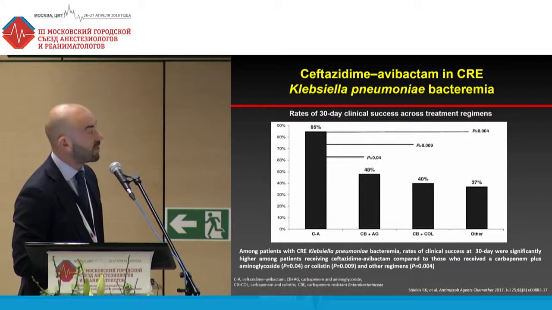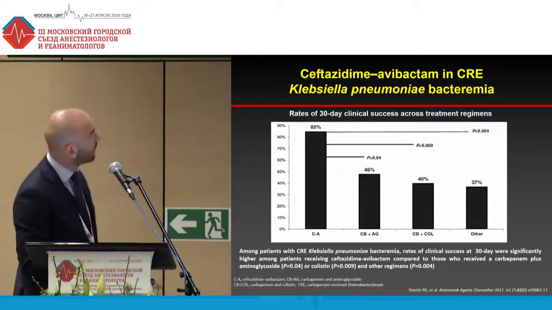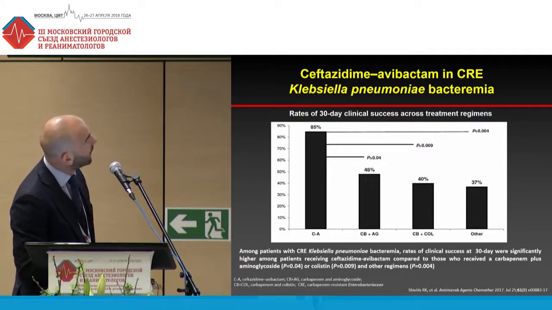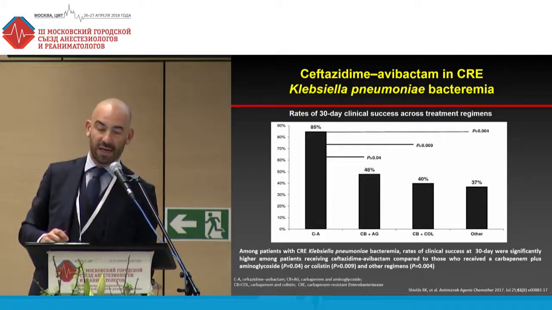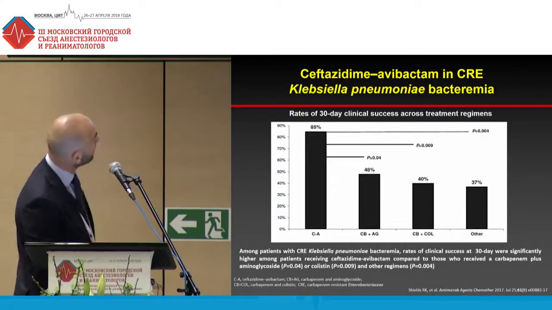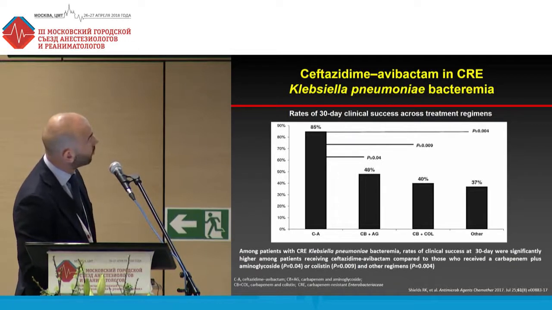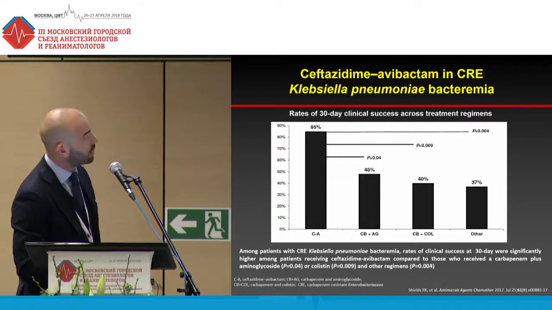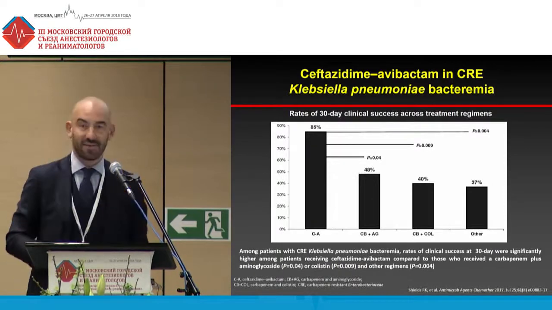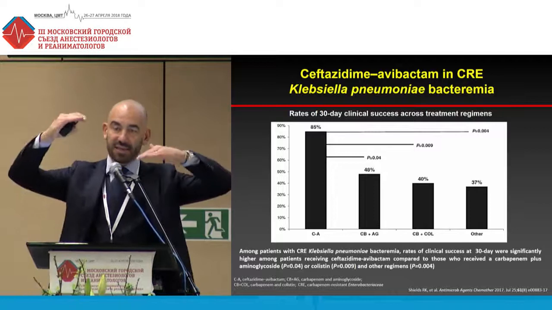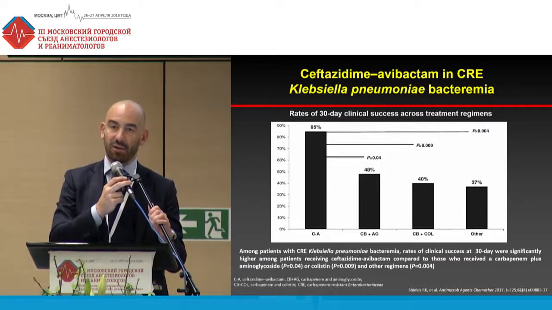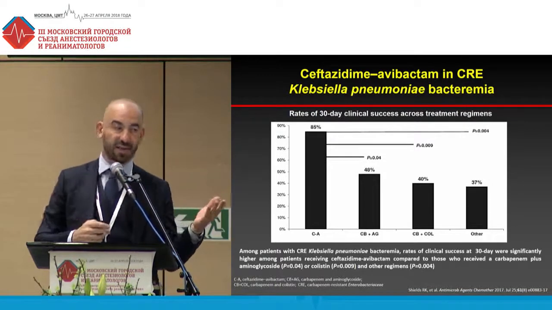Again, Shields, published last year in Antimicrobial Agents and Chemotherapy. Patients with carbapenem-resistant Klebsiella pneumoniae bacteremia, and he analyzed the efficacy of ceftazidime-avibactam against carbapenem with aminoglycoside, carbapenem with colistin, and others. You can see very well a very big difference between ceftazidime-avibactam and the other options, 85%.